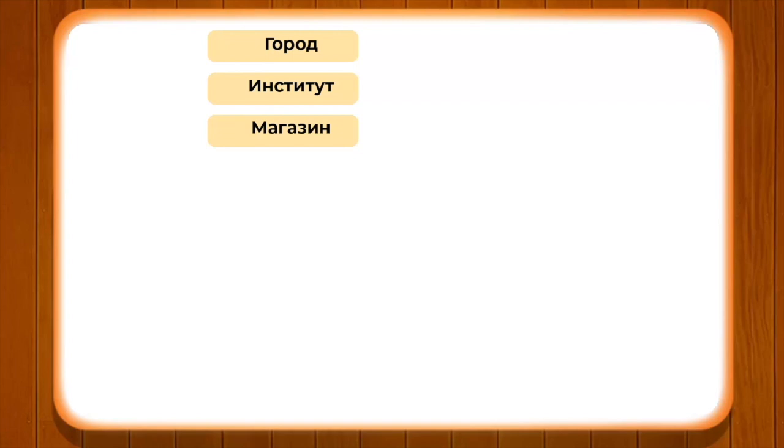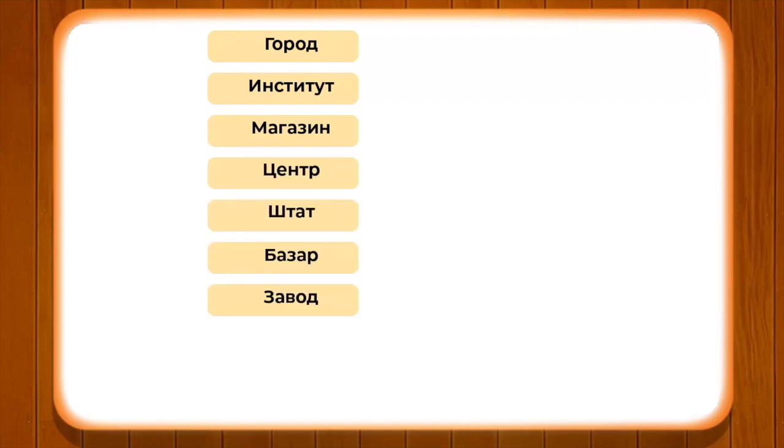So we have certain words like город, институт, магазин, центр, штат, базар, завод, стол, stool, etc. If you look, these are very normal words which we already learned about and know the meaning of, but another important thing is that depending upon their gender and their ending, in the preposition they also change.